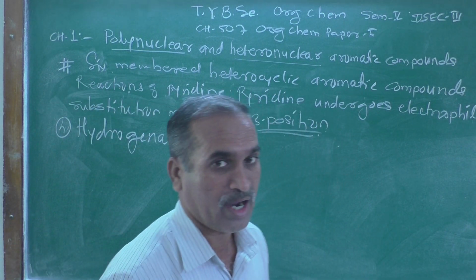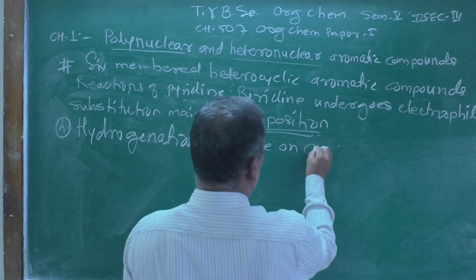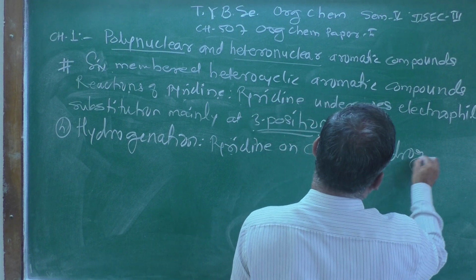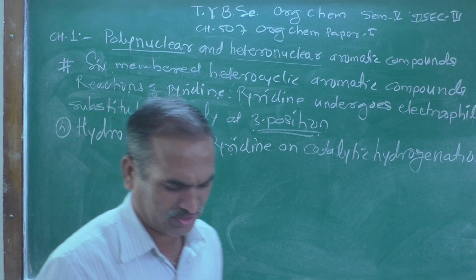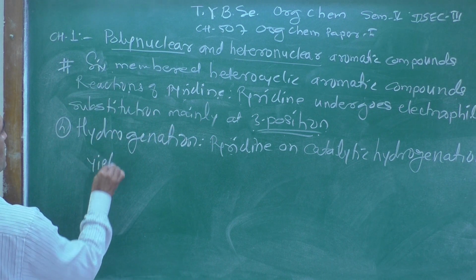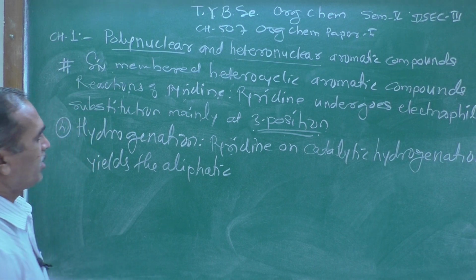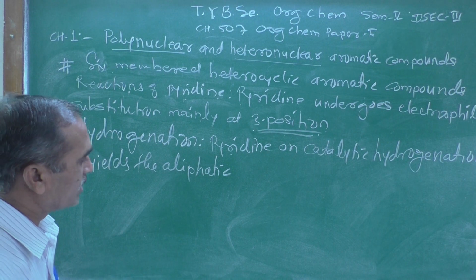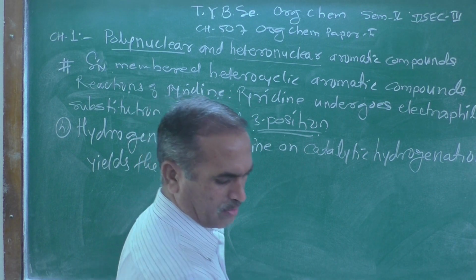Pyridine on catalytic hydrogenation yields the aliphatic heterocyclic compound.